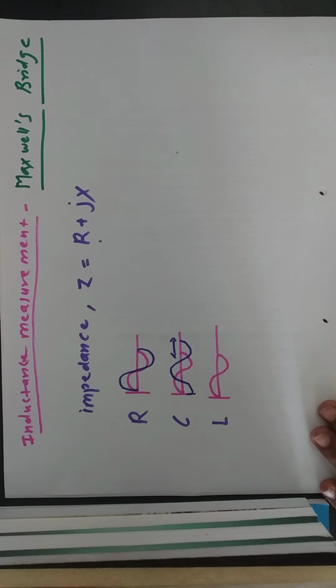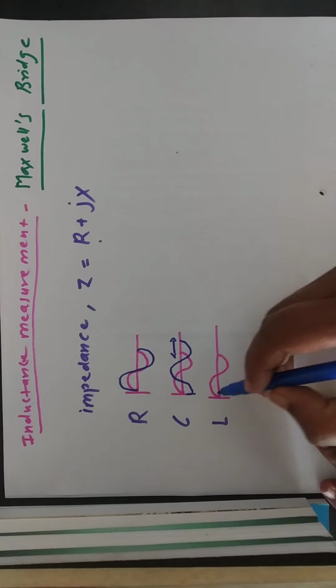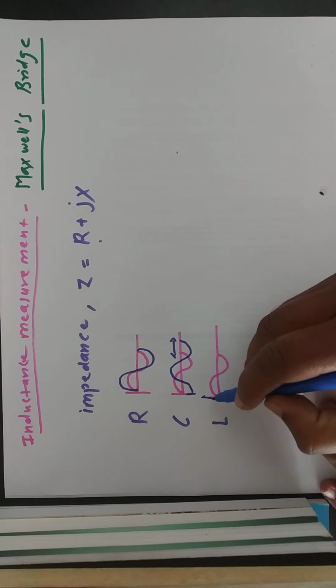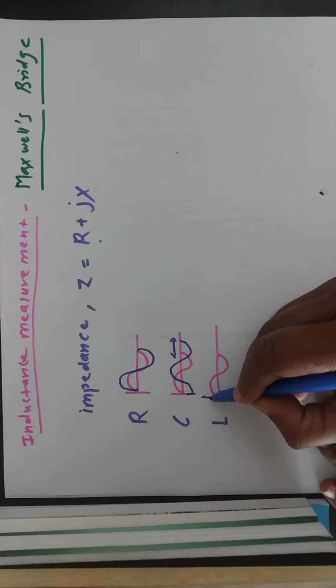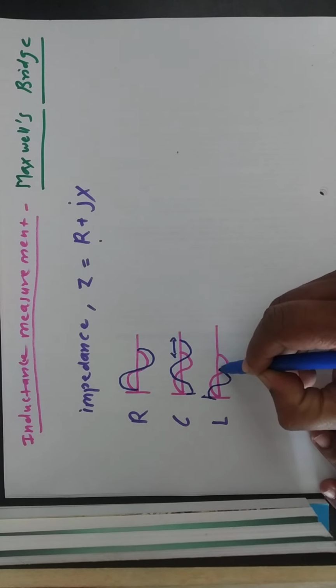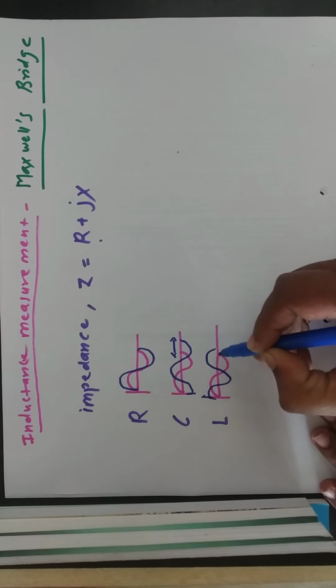And if there is an inductor in the circuit, then the current is lagging the voltage by 90 degrees.